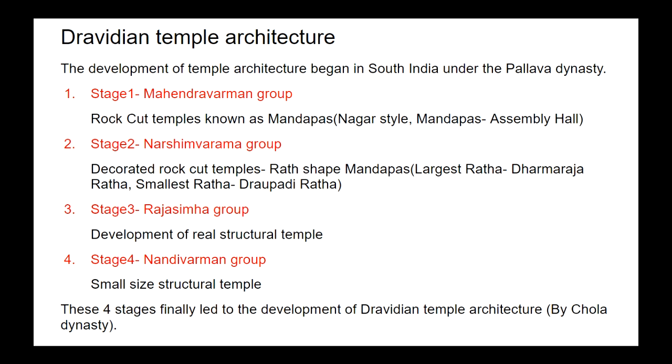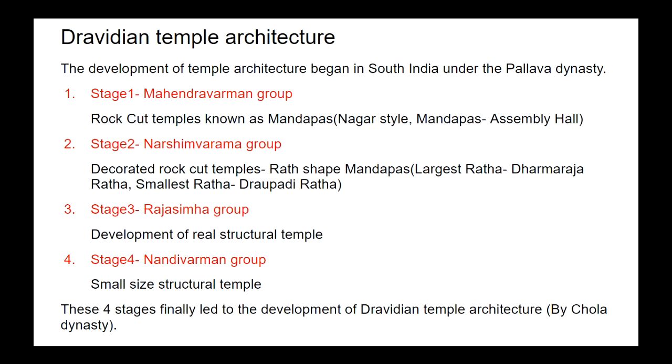In Nagar style, we define the evolution from a basic temple to well-designed temple, but in Dravidian style, we define the evolution from rock cut temple to well-designed temple. So stage one is Mahendravarman group. In this stage, rock cut temple known as Mandapa. The whole temple is known as Mandapa. In Nagar style, Mandapa was assembly hall.